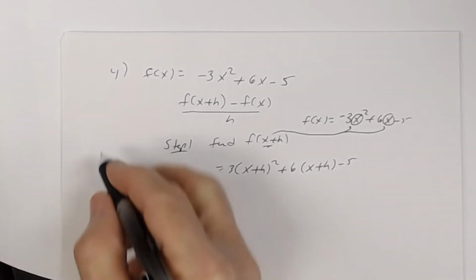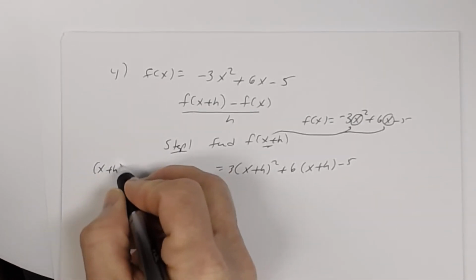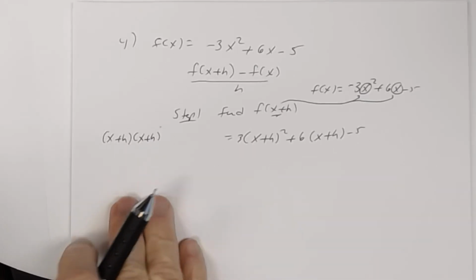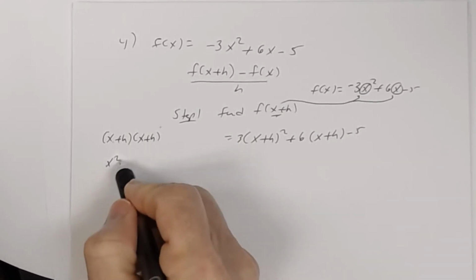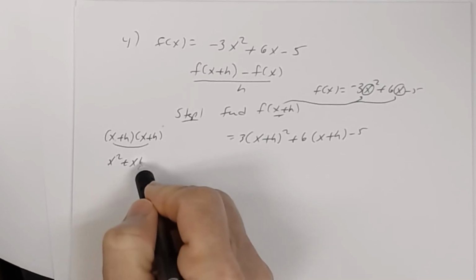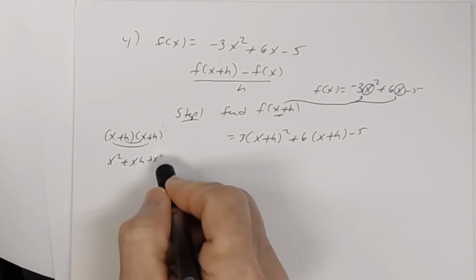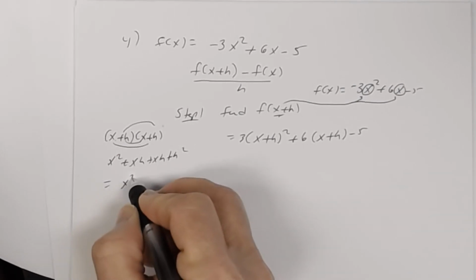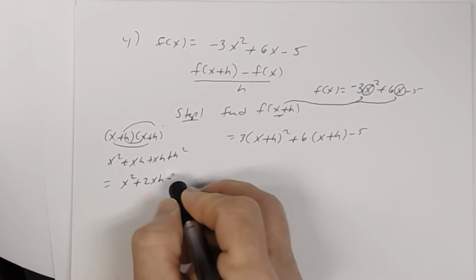So if you don't know that, just redo it again. x plus h times x plus h, and then use the FOIL method. x times x is x squared, the outer is xh, the inner is also xh, and the last h times h is h squared. Combine like terms, you get x squared plus 2xh plus h squared.